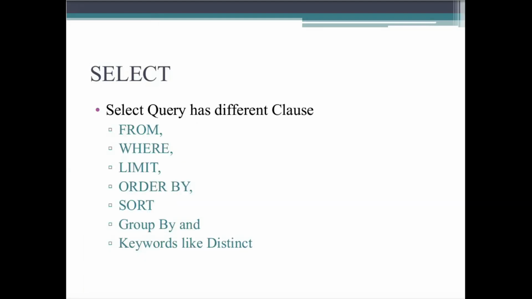So this SQL has different clauses. We can separate the select statement into different clauses like from, where, limit, order by, sort, group by, and it also has some keywords like distinct.